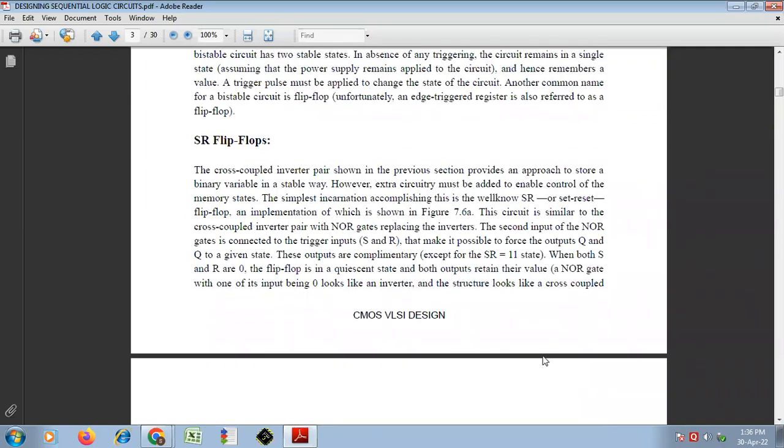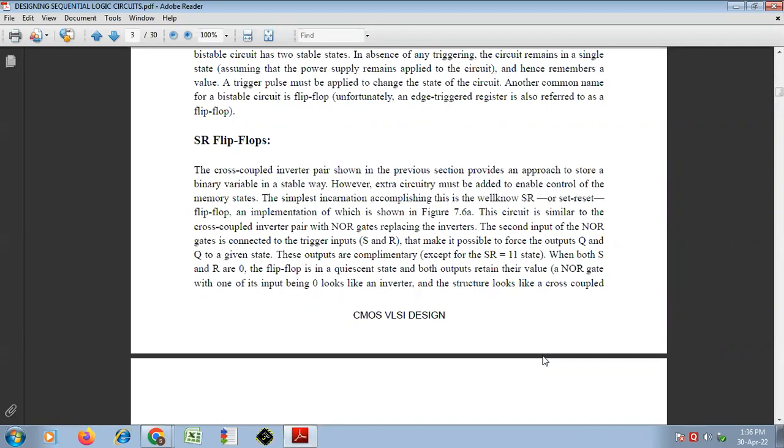That means the cross-coupled inverter pair shown in the previous section provides an approach to store a binary variable in a stable way. However, extra circuitry must be added to enable control of the memory elements. Okay, fine. For storing purposes, yes, you can simply connect the two inverters back to back and provide a triggering pulse.